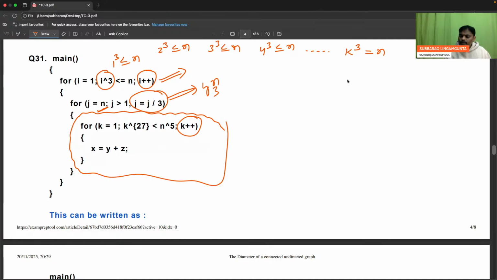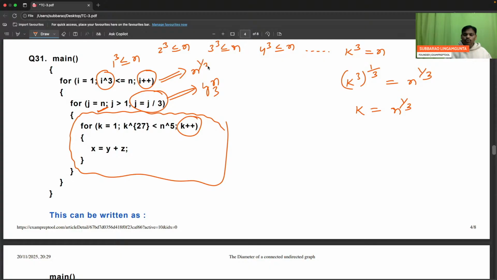Just apply power 1 by 3 on both sides, because I want the k value. Then k is equal to n power 1 by 3. So remember, the first loop is n power 1 by 3.